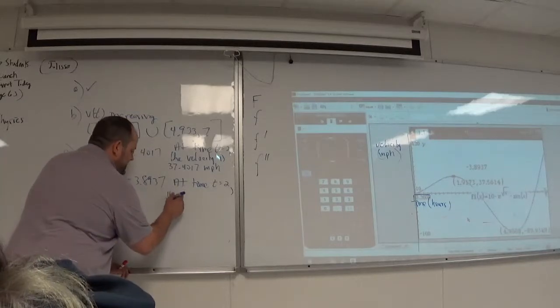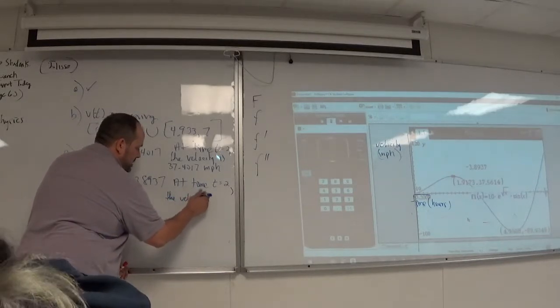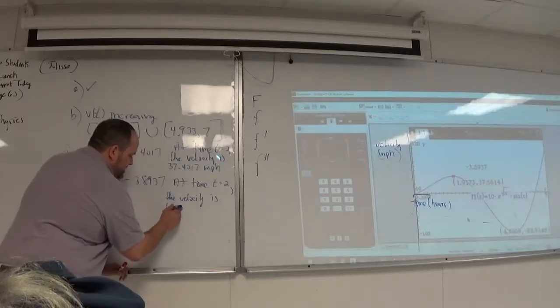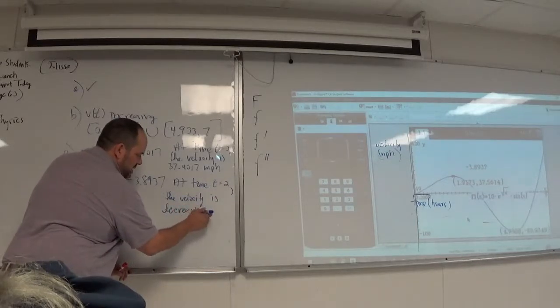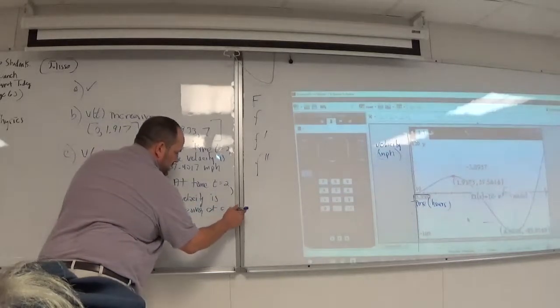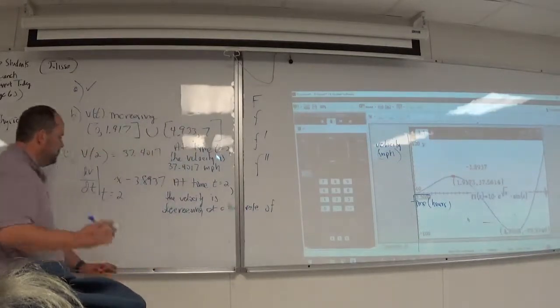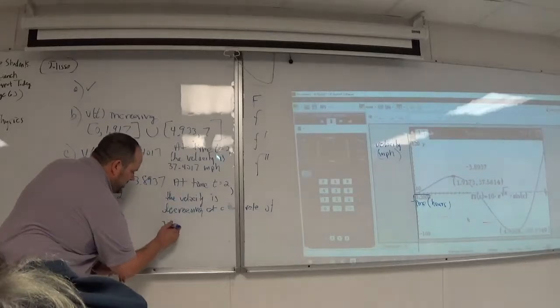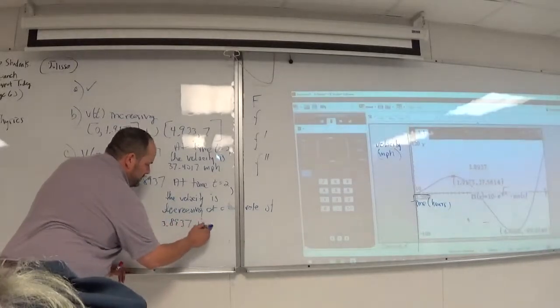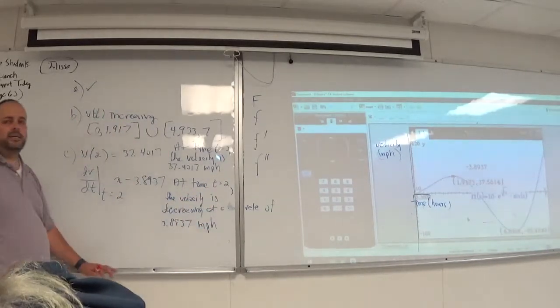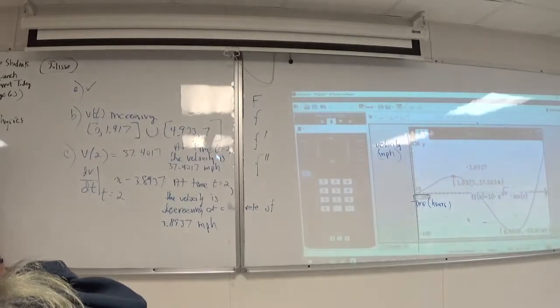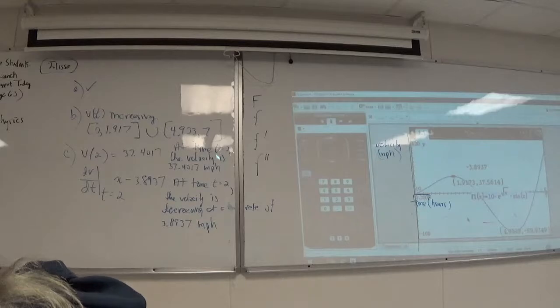The velocity is decreasing at a rate of, and here's where mistakes happen, 3.8937 miles per hour. I didn't see the correct units on any single paper anywhere in this room.